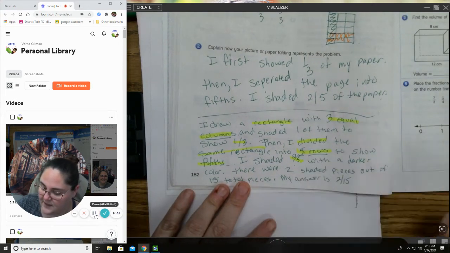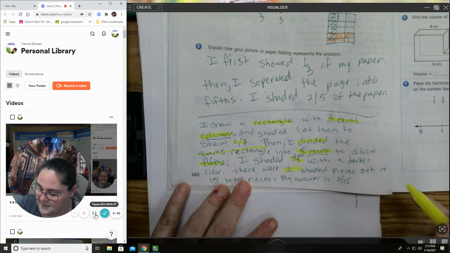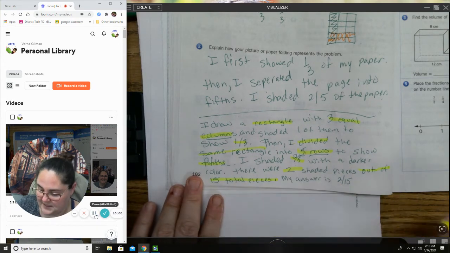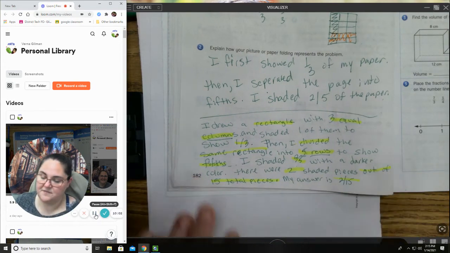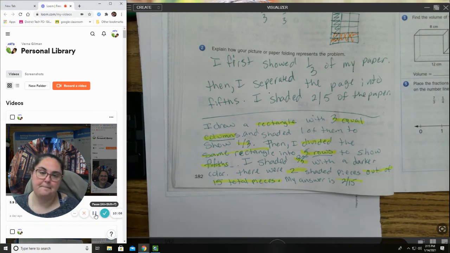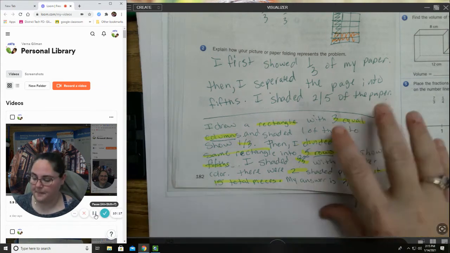I shaded 2/5 with a darker color. There were 2 shaded pieces out of 15 total pieces. My answer is 2/15. That's a lot of math words in there. This is important, and this is something that you need to know how to do. Using these math terms will be very beneficial to you, okay?